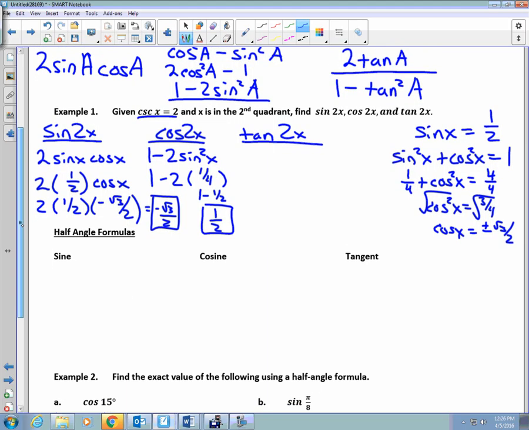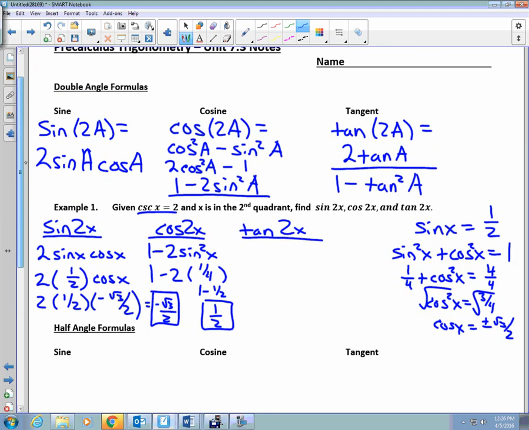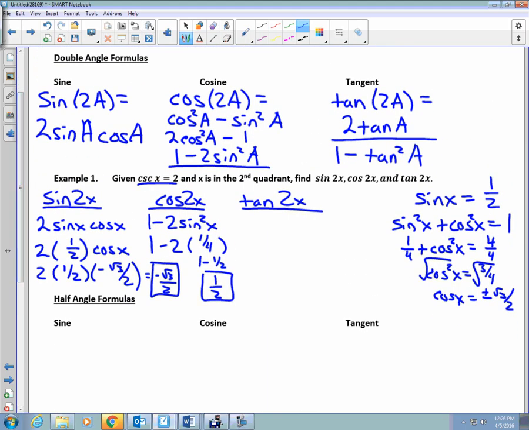Okay, tangent of 2x. I've got an idea. I don't like the formula. Fine, use it. I don't want to use it. I'm going to do sine of 2x over cosine of 2x. This is important. A lot of people get to this point and they will make a mistake. They don't do sine of 2x over cosine of 2x.